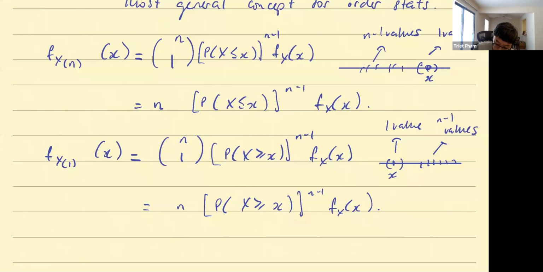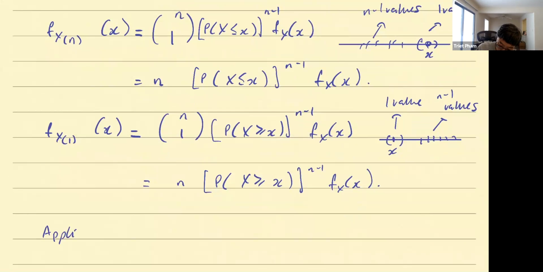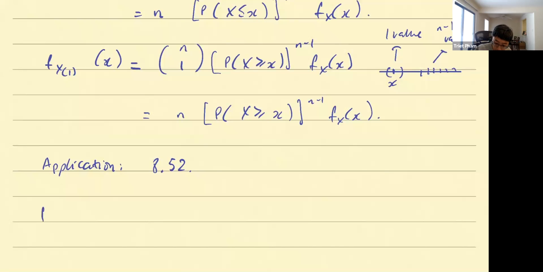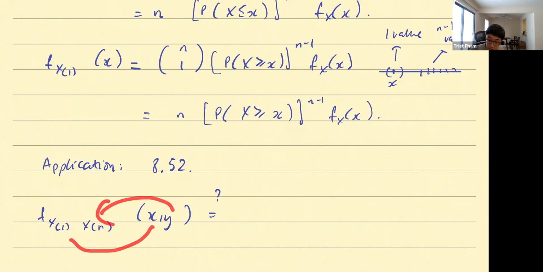So let me show you one thing, an application of this idea. This is easy because we have derived it. The application is your question 8.52, where they ask you to derive the joint density of the min and the max. So let's say x and y, where x refers to the min and y refers to the max.